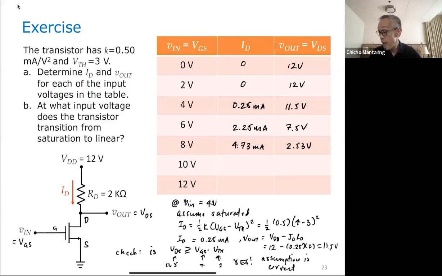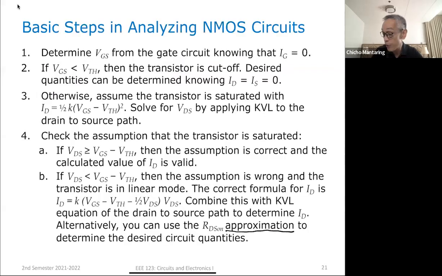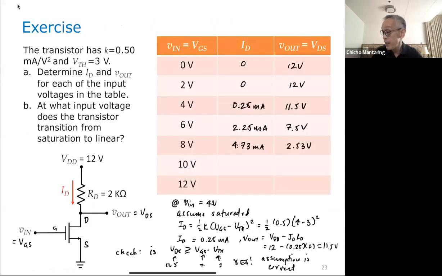Okay, and we came up with these values. Now for 8 volts, we started with the assumption that it was in saturation, but after checking we found out that it is actually in the linear region. So we had to do a recalculation using this formula, and these are the values that we got.